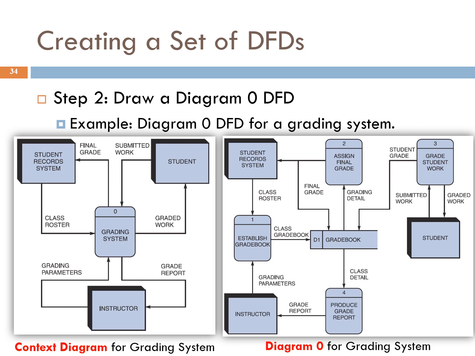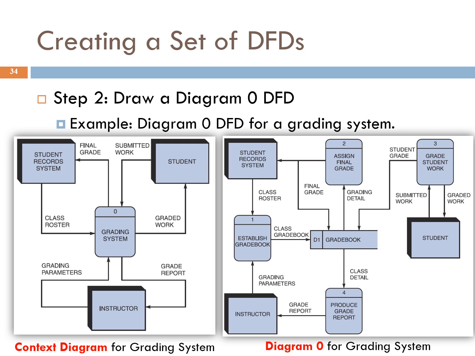Next, we draw a diagram 0 DFD. If you look at the diagram, on the left hand side you have the context diagram for the grading system. How do you know it is the context diagram? Because a context diagram has only one process, the name of the process is the name of the system, and the number of the one process is 0.